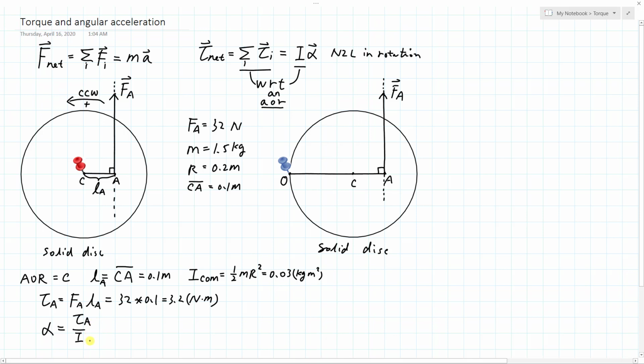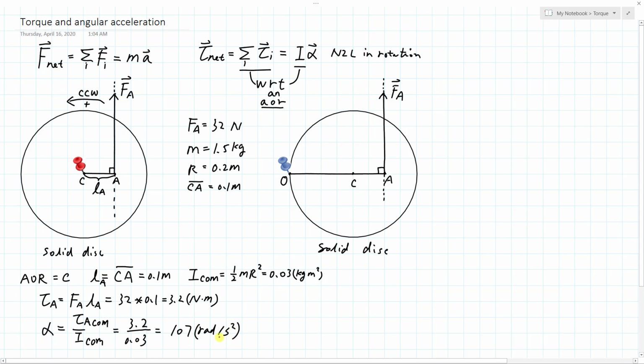This is also with respect to the center of mass. So let's be a little bit redundant and just mention that. So 3.2 divided by 0.03. If you use a calculator and keep 3 decimal places, this gives you 107 radians per second squared.